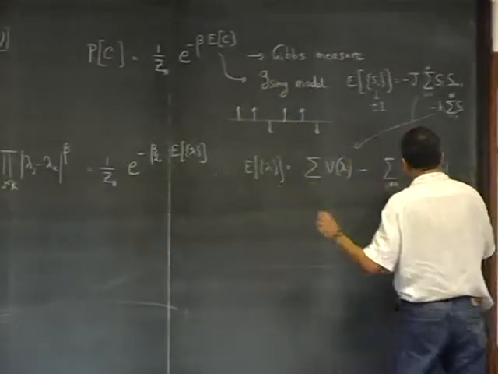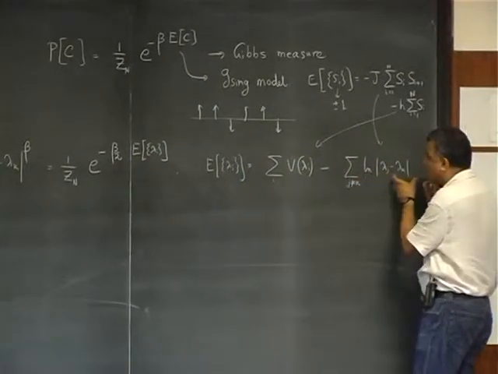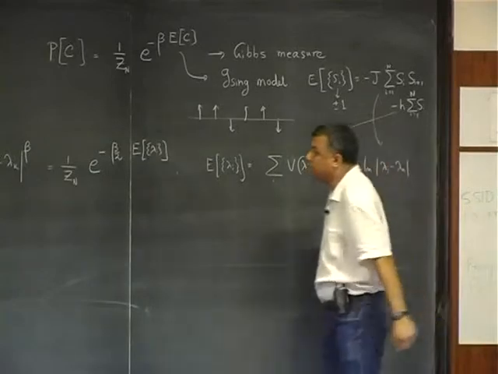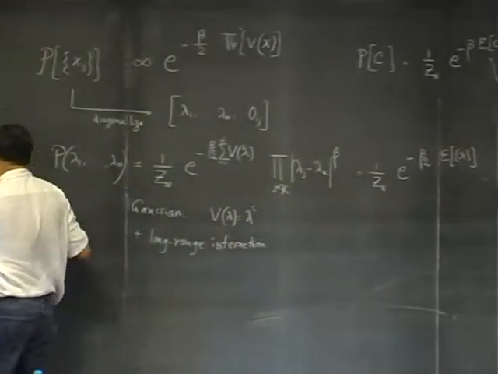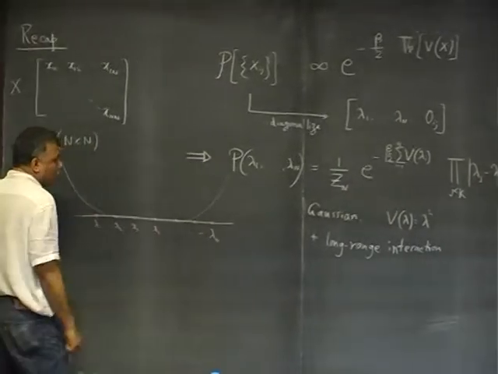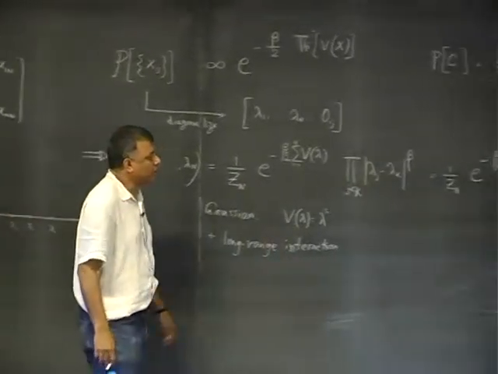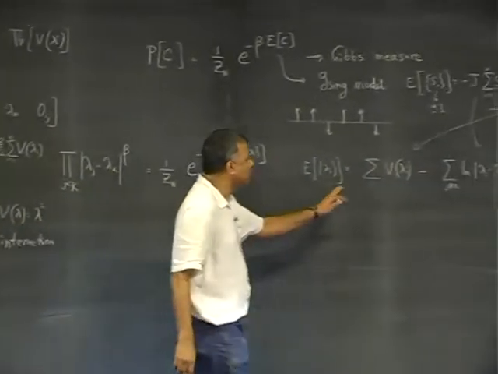For any pair j and k, there is a repulsion term, so they repel each other. In particular, when they are close by, the repulsion is stronger. So they like to push away from each other. There is a competition between these two terms.